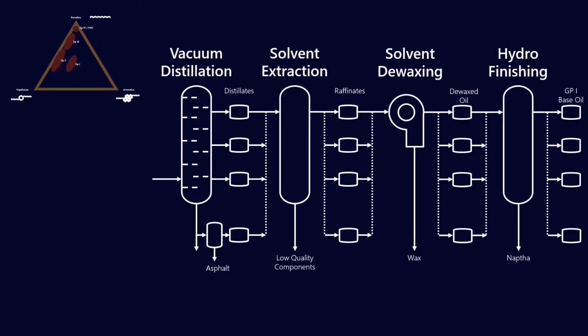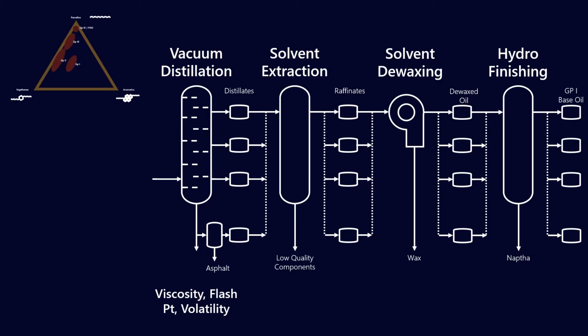Now, if you were to compare performance characteristics, right? When I went through and talked about mineral base oil manufacturing, each of the different processes involved in making, in this case, a group 1 base oil, imparts different properties. And we can look at these and compare to a synthetic PAO to see why it's not necessary in the synthetic case. So, for example, the first one is vacuum distillation, and that gives us the properties of viscosity, flash point, and volatility.